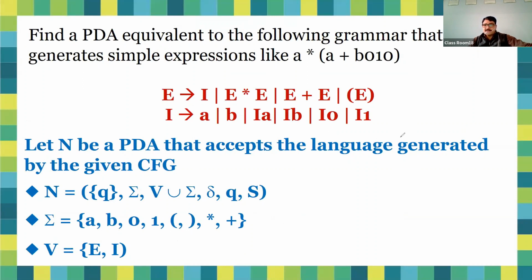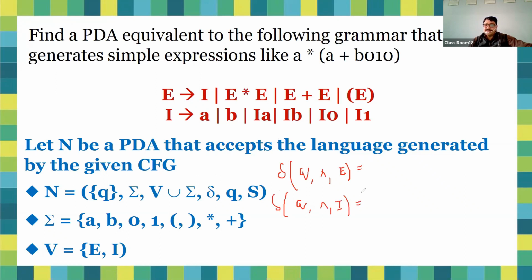In this case, first we will convert the variables. In the case of a variable, we start with Q and null from the tape side, and you should write the name of the variable. So first, there is the variable E, so we have to write the transition function for E. And another one is I, which is also a variable, so we should write the transition function for I also. Clear?